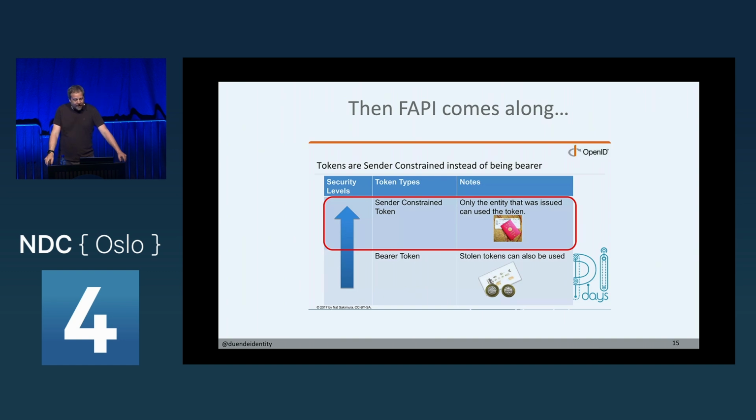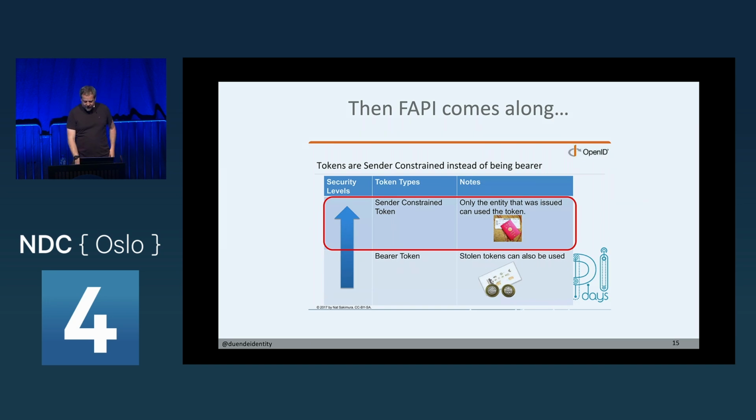But the good thing was, with the pressure of bigger industries like banking, there was again more interest in trying to solve the problem. Now, no one really knew what the best way would be, but as a stopgap solution, the banks said, why can't we use what we have today, which is mutual TLS?